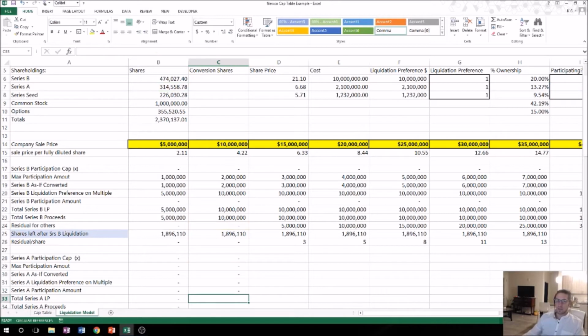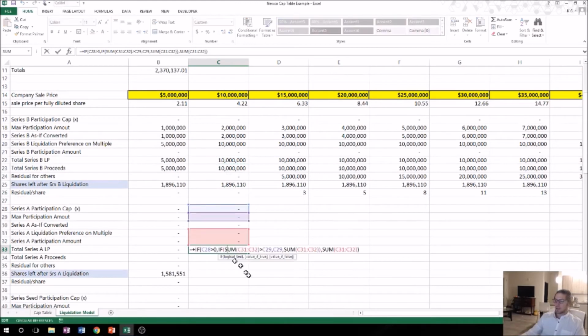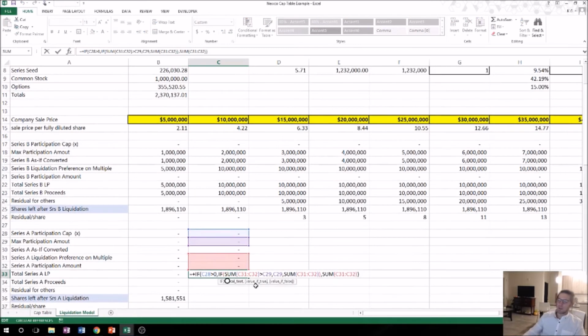So the total Series A liquidation preference is very similar to what we did above. In fact, I'm pretty sure you can go in and copy this down just like that, because we don't reference any of the above cells.